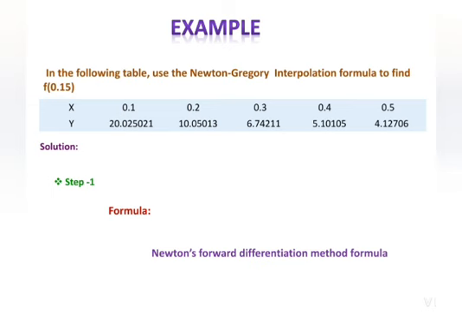I already told you 0.15 lies in between the numbers 0.1 and 0.2. So 0.1 and 0.2, and their dependent values of y are 20 and 10. So the answer 13 lies in between the numbers 20 and 10. It should lie between y0 and y1.